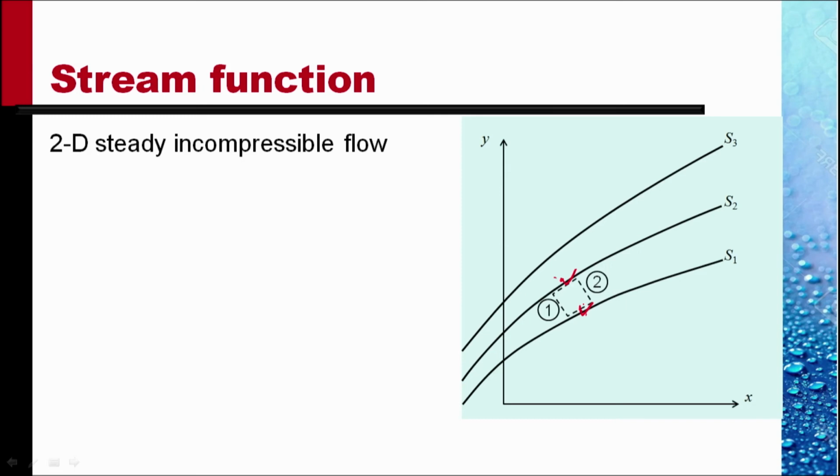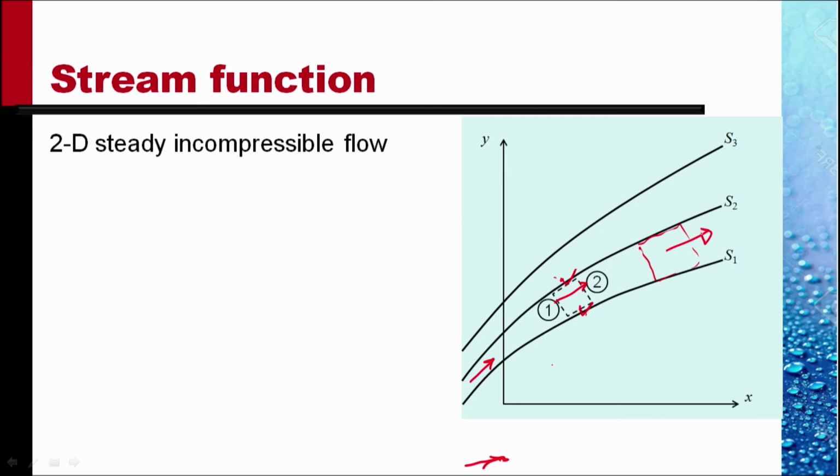Since the locations of surfaces 1 and 2 are arbitrary, I could take the control volume anywhere between the two streamlines. What conclusion can we draw? That the mass flowing within two streamlines is constant at all locations. So the mass flow rate here is the same as the mass flow rate here, is the same as the mass flow rate here.